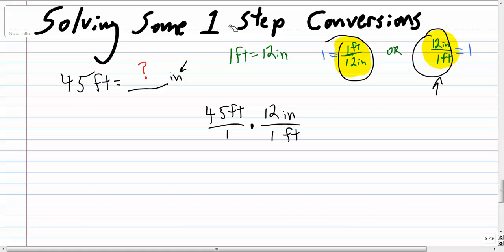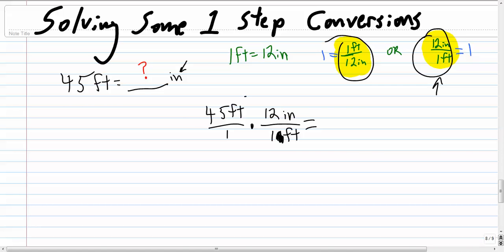And just for a second, let's say I did this wrong. Let's say that I put the 1 there and the 12 there. What would this sound like if I read it out loud? 1 inch equals 12 feet. That should sound goofy. So that's one good way to know that you've done something wrong. So 12 inches is 1 foot.